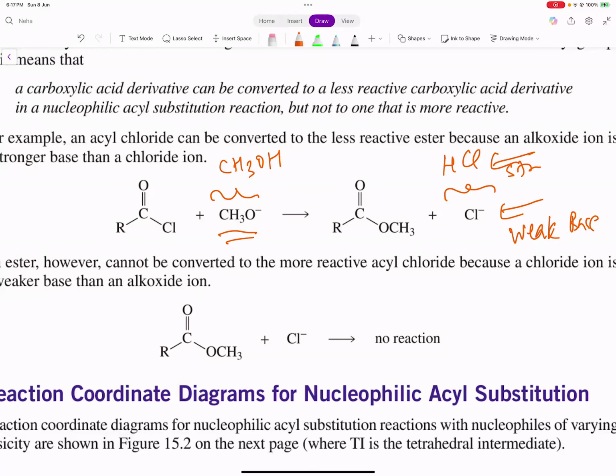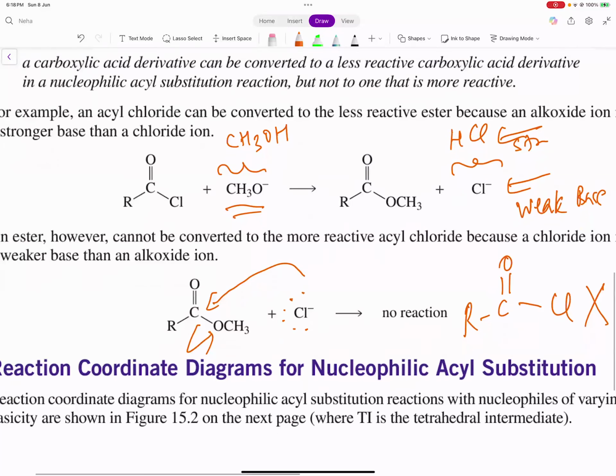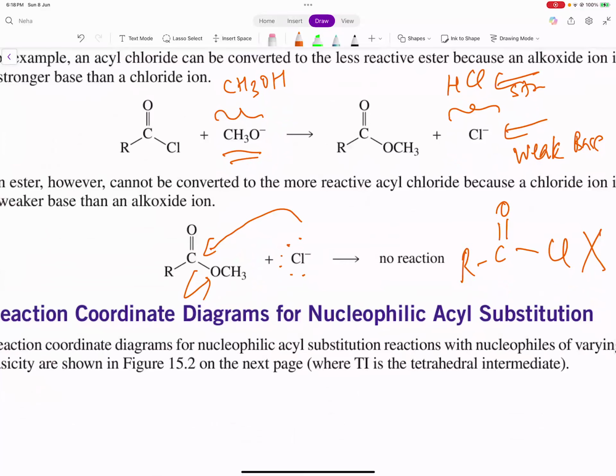But if I want to convert this into an acyl chloride, I'm not going to get this. Why? Because Cl minus is a weak base and it cannot replace this. In the first step, this will open up, and we have OCH3 and Cl.